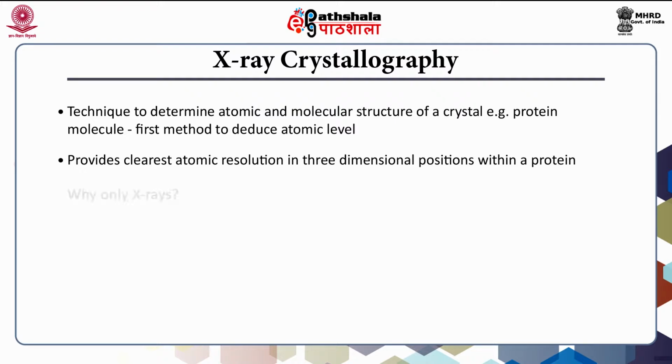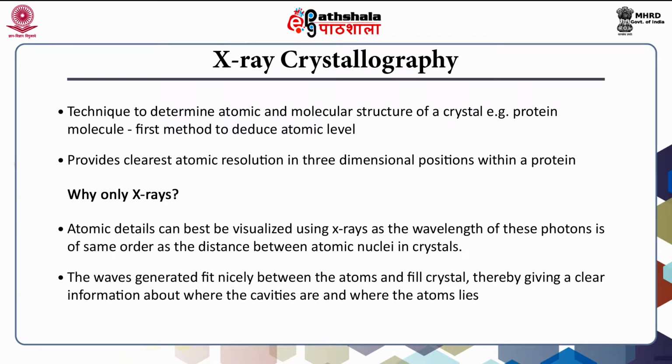Interestingly, why do we need to choose X-rays for the determination of protein structure or any biomolecular structure rather than any other radiation? One of the reasons is that, out of all forms of radiation, X-rays provide the best resolution for the determination of molecular structures, because the wavelength of these X-rays is approximately similar to that of a covalent bond.